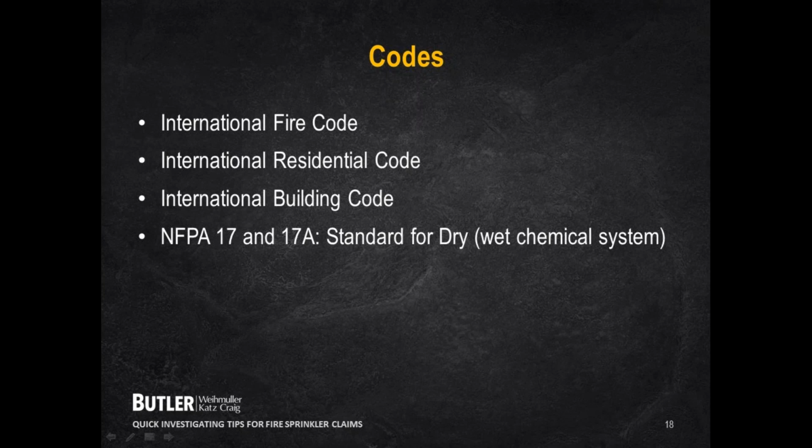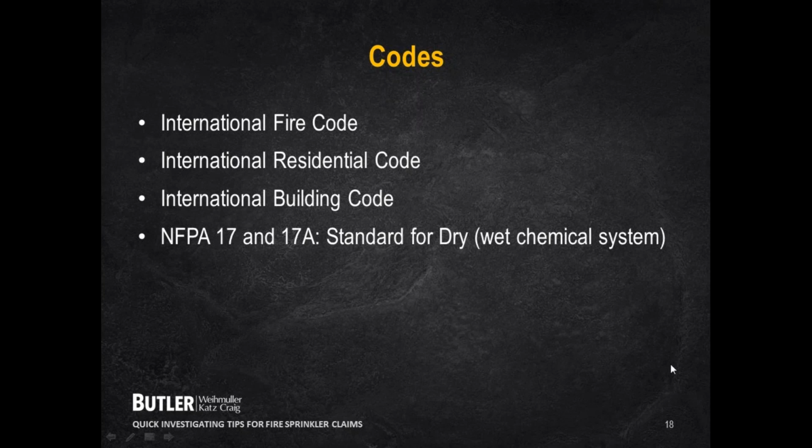For example, the NFPA, the National Fire Protection Association, has different numbers that are involved for different purposes of your fire sprinkler system. So the NFPA 17 is the standard for dry and wet chemical systems, which you'll see in kitchens and restaurants.